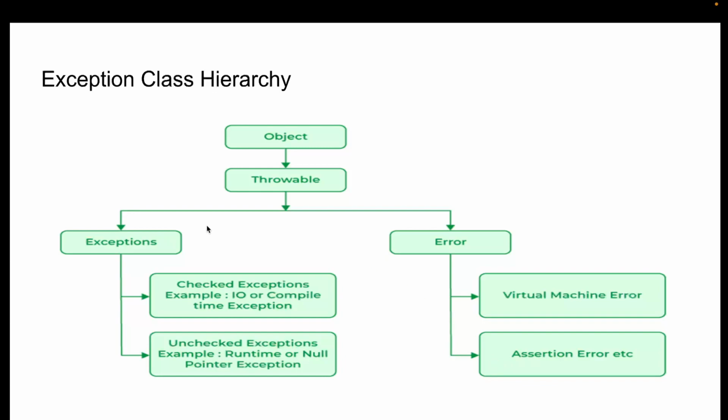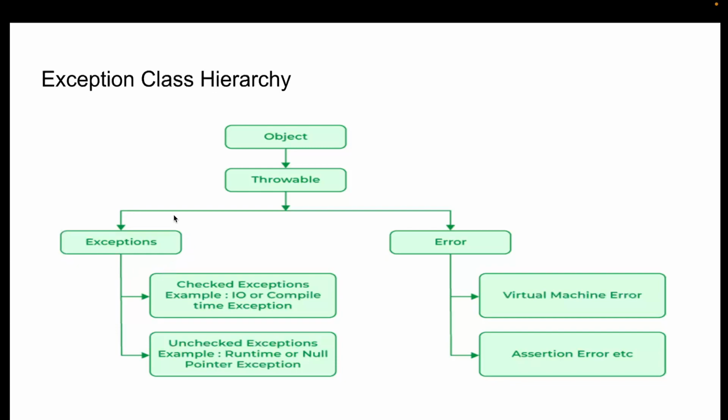But what you can handle are the exceptions. You can handle the exceptions in your Java program. So in this entire exception handling, we will see how to handle the exceptions, not the errors. You have control over how you can handle the exceptions.